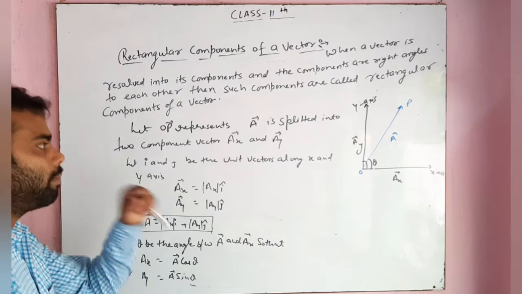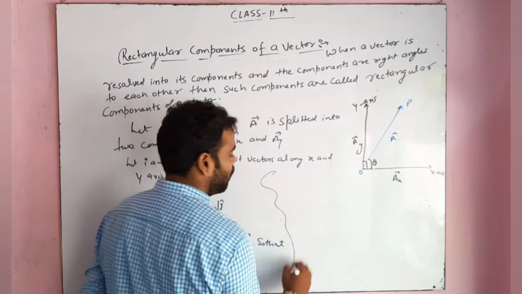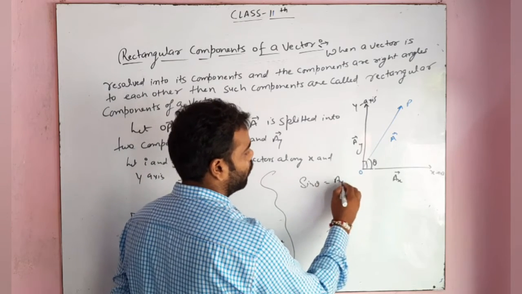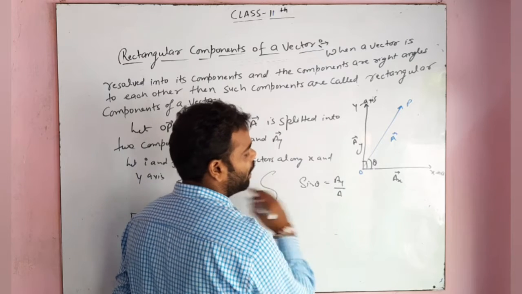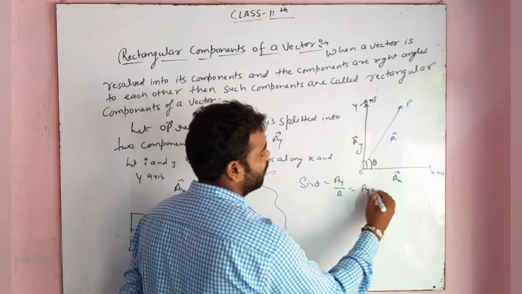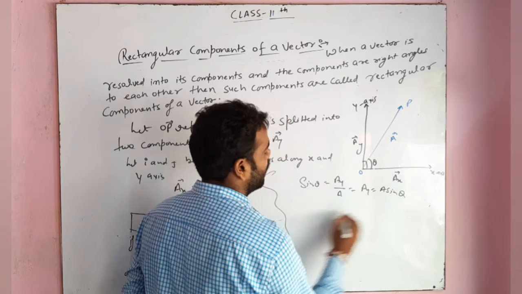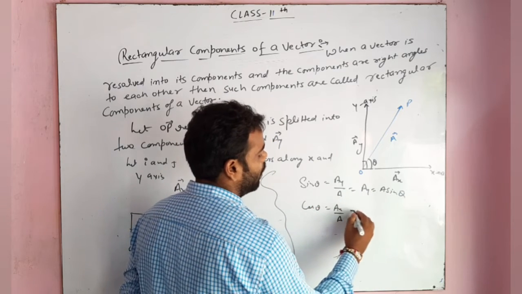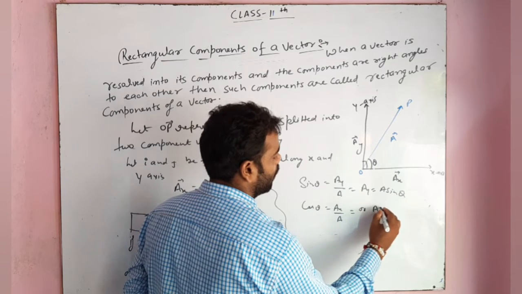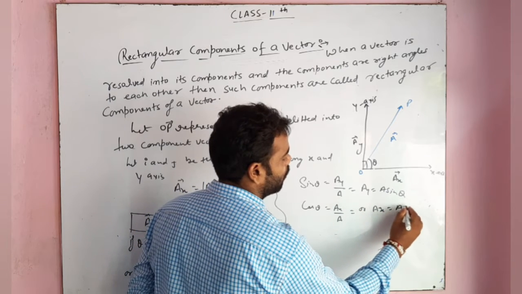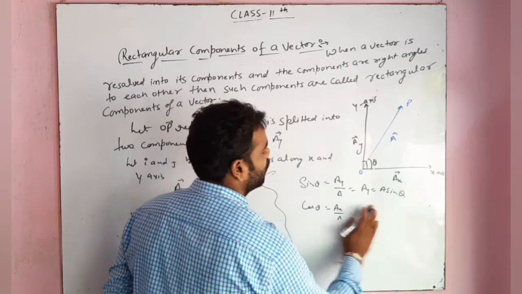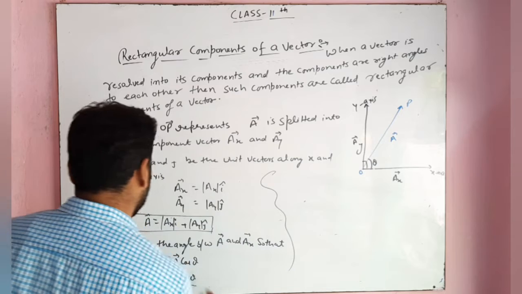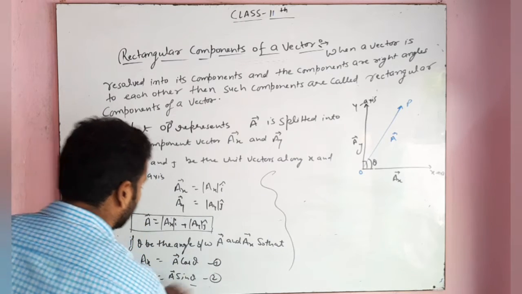This relation comes from the fact that sin theta is perpendicular upon hypotenuse. So Ay divided by A equals sin theta, so Ay will be equal to A sin theta, and cos theta can be written as Ax divided by A, so Ax will be equal to A cos theta. So these are the sources of these relations, A cos theta and A sin theta.